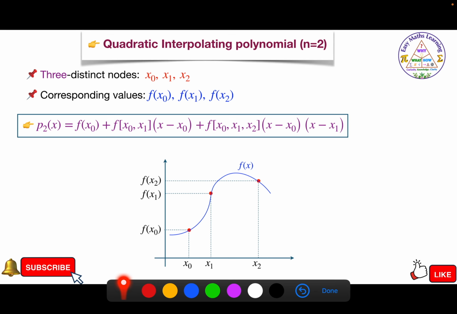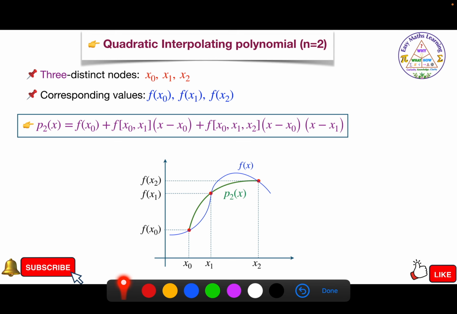If you look at the diagram, this is the original function, and these are the function values represented by the red dots. Now the approximation of this original function is p2(x).